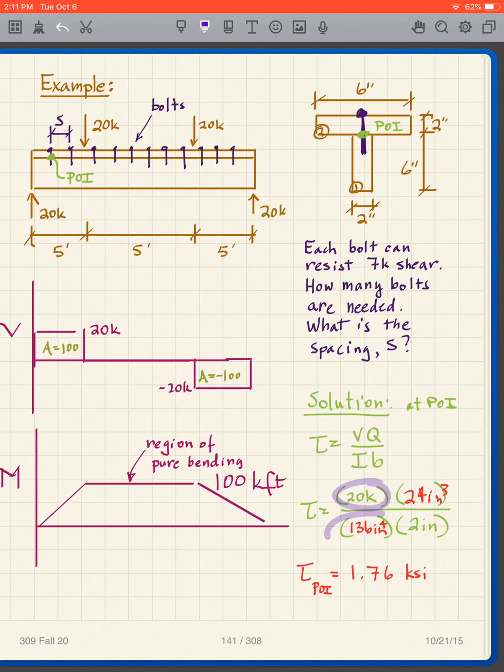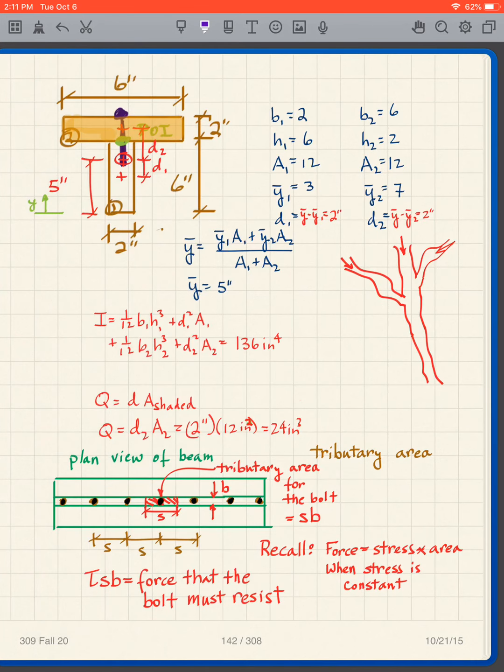We have previously determined the moment of inertia for this, so I'm not going to redo it. You can find the centroid and the moment of inertia. Or, well, let's see, maybe I actually have the calculation here. Yeah, I do. I think we've previously done this problem, but we'll do it again.